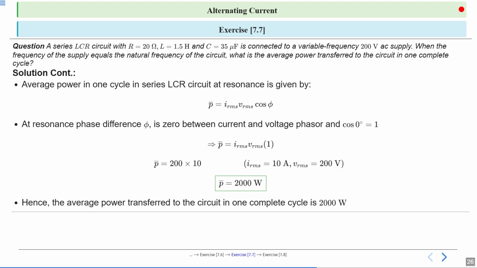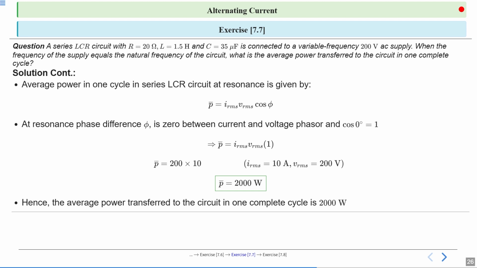In the case of an inductor, when current increases, the magnetic flux through the inductor will increase, due to which magnetic energy is stored. When current decreases, the magnetic flux through the inductor will decrease.